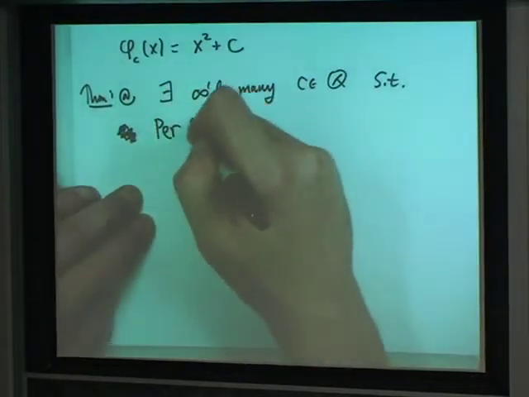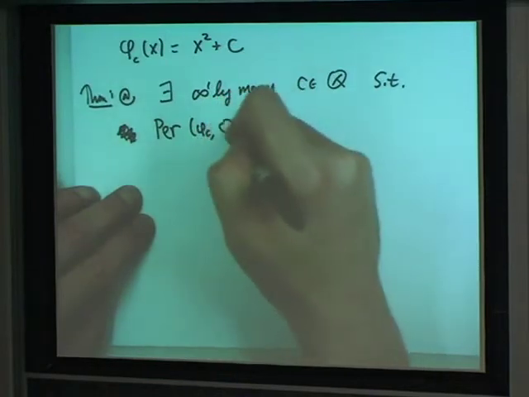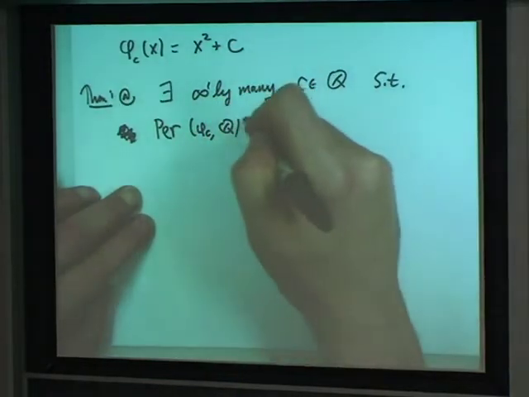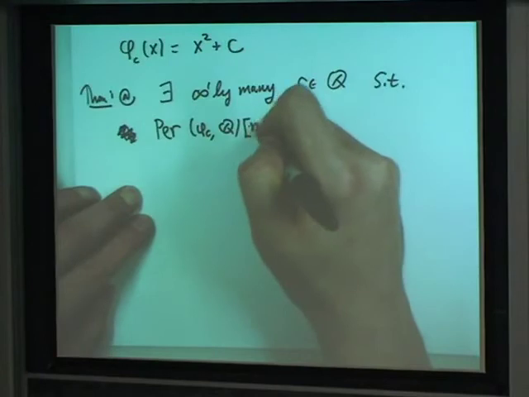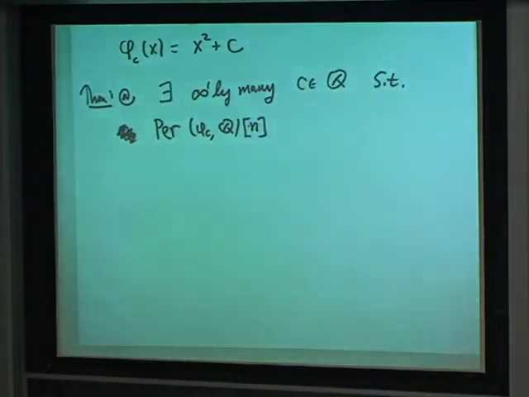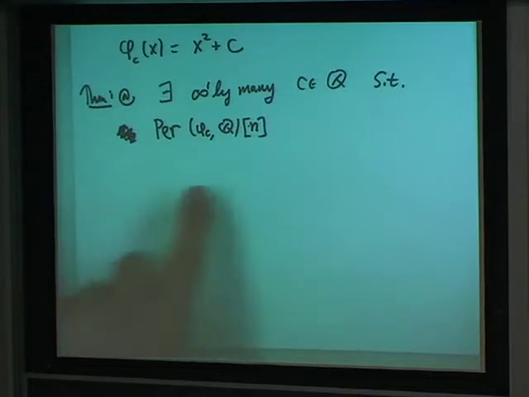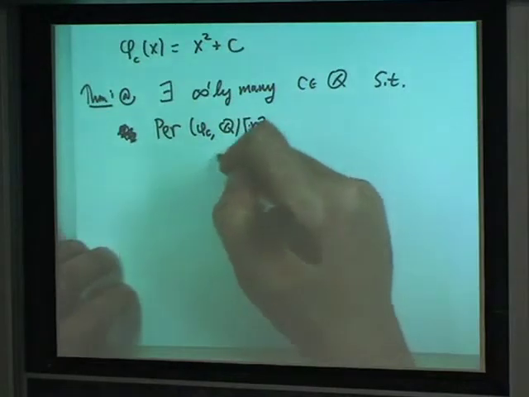The periodic points of phi c that are rational, and I'm going to create a new notation that I haven't actually used anywhere. But it's the analog of the notation for elliptic curves. So these are points that are periodic and have exact period n, okay?